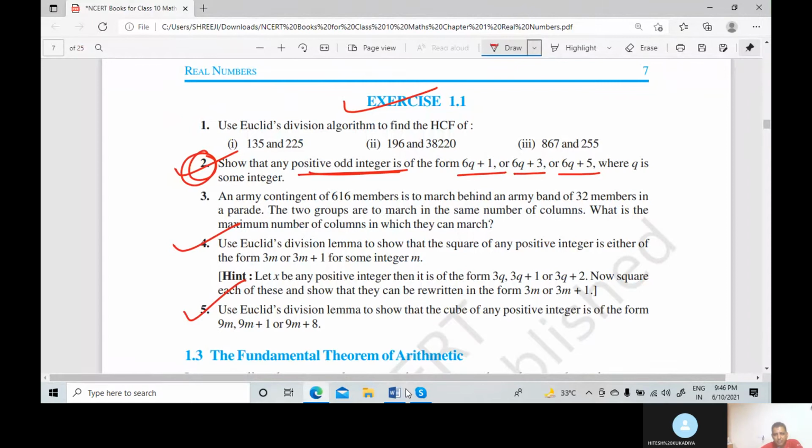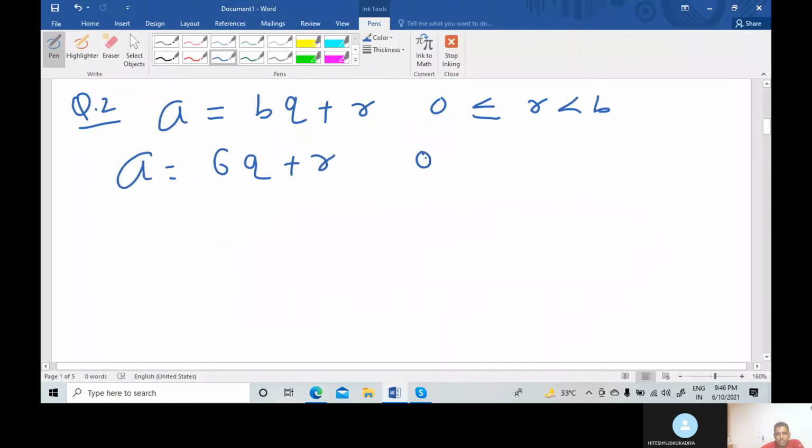So 0 is less than or equal to r, which is less than 6, so r can take the different values 0, 1, 2, 3, 4 and 5.